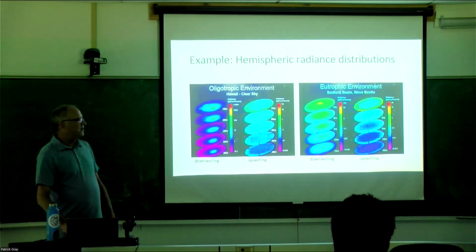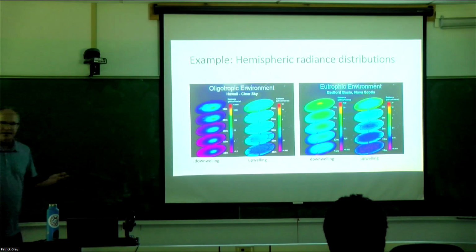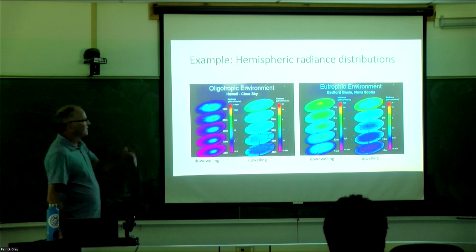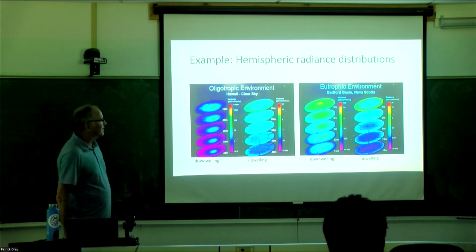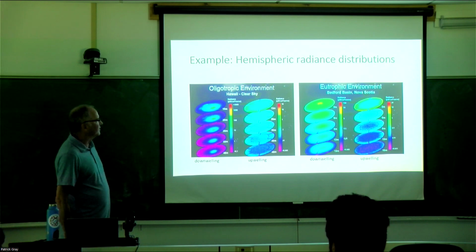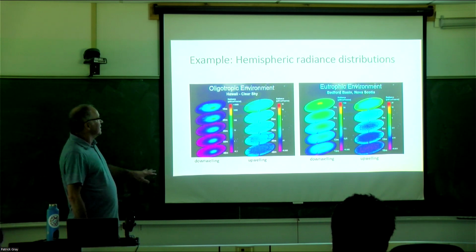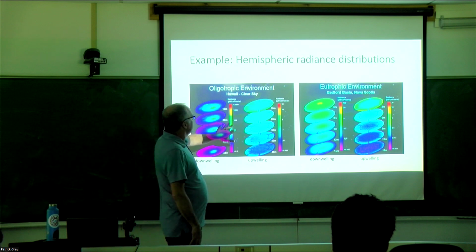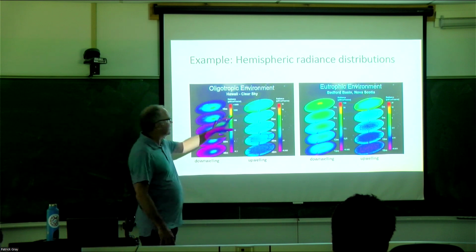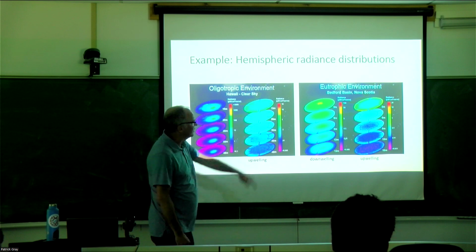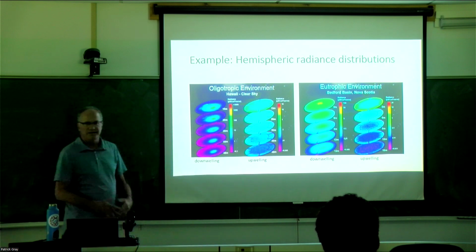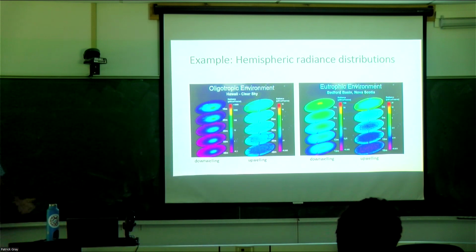So I wanted to put this up to give you some context. This comes from the South Atlantic, Marlon Lewis at Dalhousie, from a long time ago, working with Ken Voss on some of this. Now we have an oligotrophic environment, Hawaii, with a very clear sky atmosphere, and then we have a eutrophic environment, Bedford Basin, Nova Scotia, with a similarly clear sky.